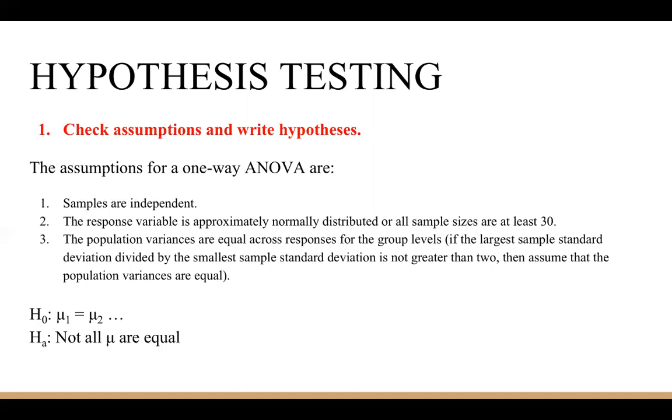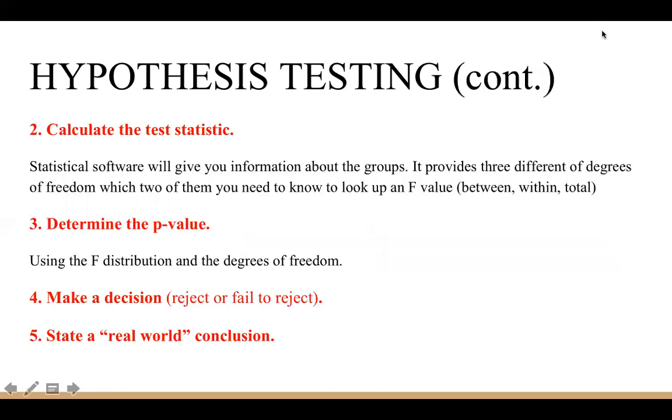Once those assumptions are met, we can write our hypotheses. Our null says that the group means are equal to each other, and for our alternative, not all of them are equal. So you can see some patterns as to what we've been using before. After that, you calculate your test statistic.